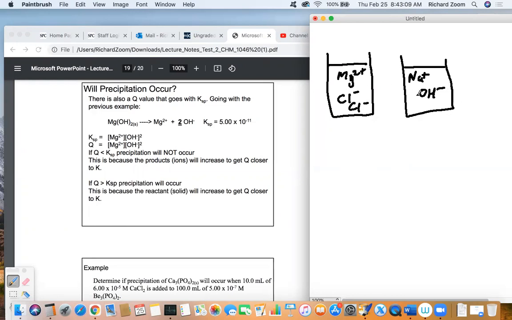So the Mg2+ and the OH minus will interact, and we'll get this Mg(OH)2 solid, which will be a precipitate.